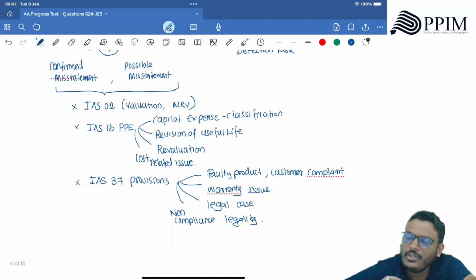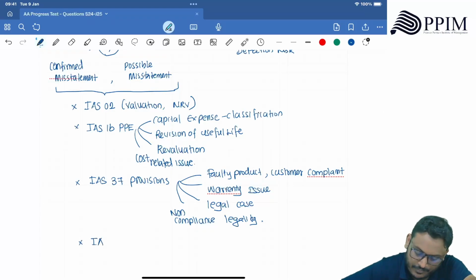So any of these can be possible when it comes to IAS 37. Then IAS 10, subsequent event.